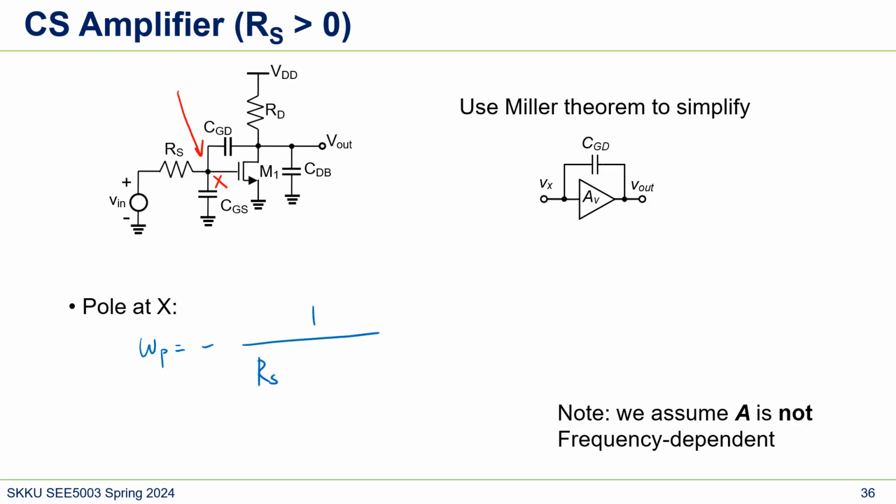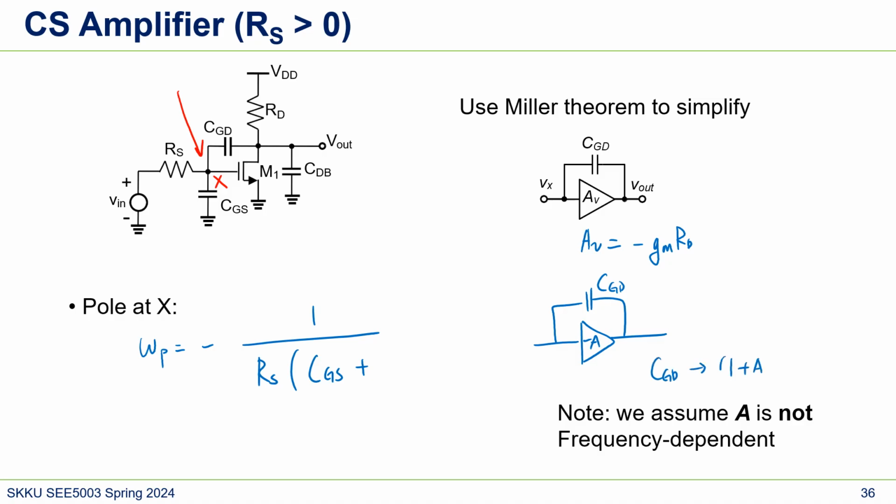It's Rs, and then we have to calculate the capacitance. First we see CGS, and then we will see CGD, but because of Miller effect, its effective capacitance is larger. What's AV? AV is minus GM RD, and for our Miller effect, the baseline was minus A and CGD here. And then CGD effective will be 1 plus A times CGD, right?